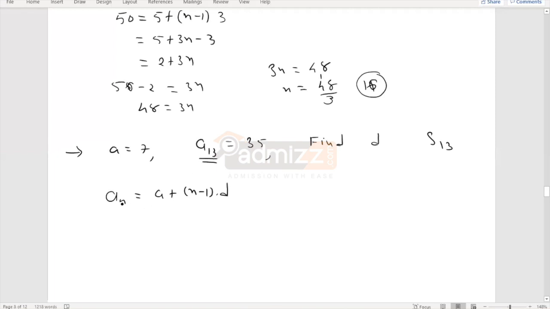A13 is given. I will replace n by 13. 13 equal to a, which is also given, 7, plus 13 minus 1 times the difference d. A13 is given as 35. 35 minus 7 equal to 13 minus 1, 12d.